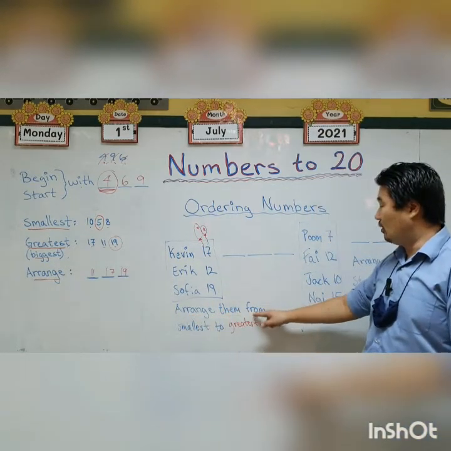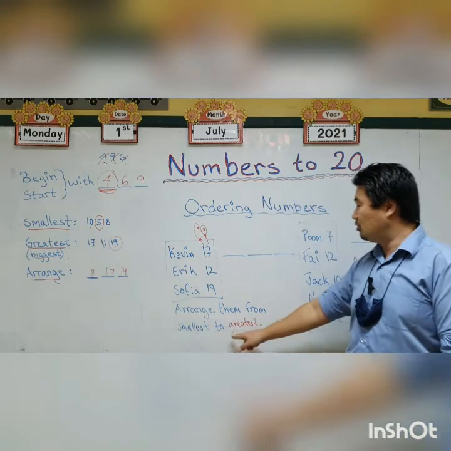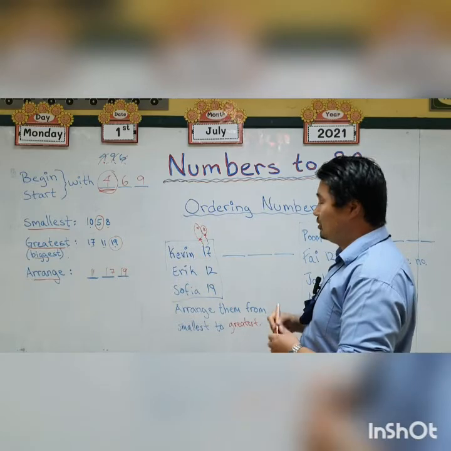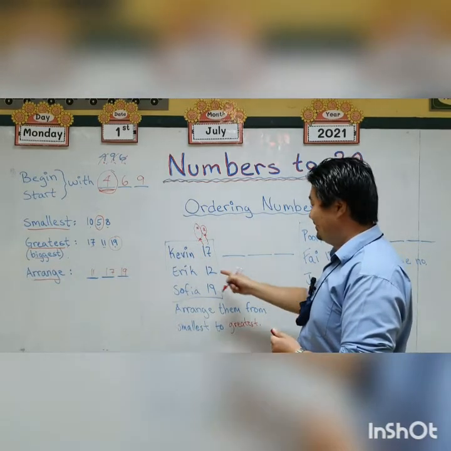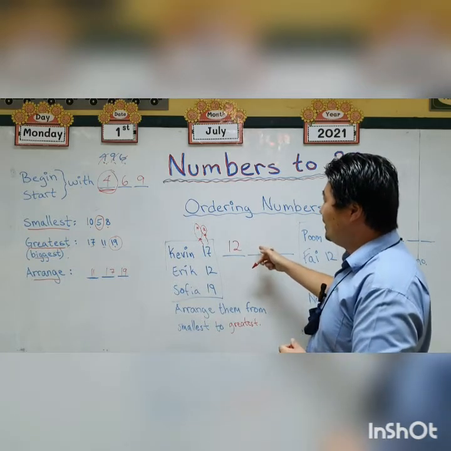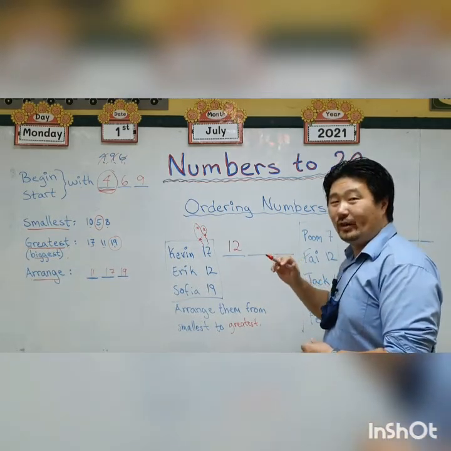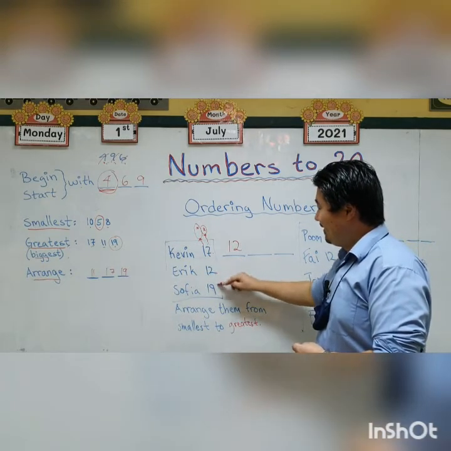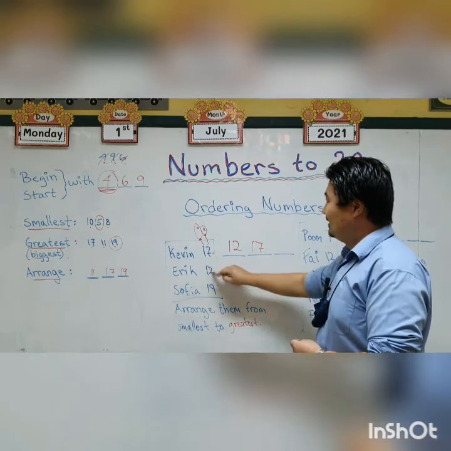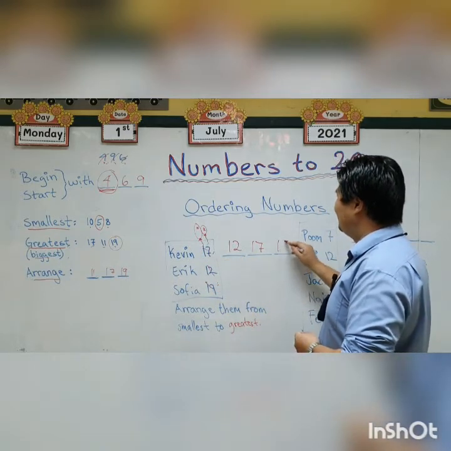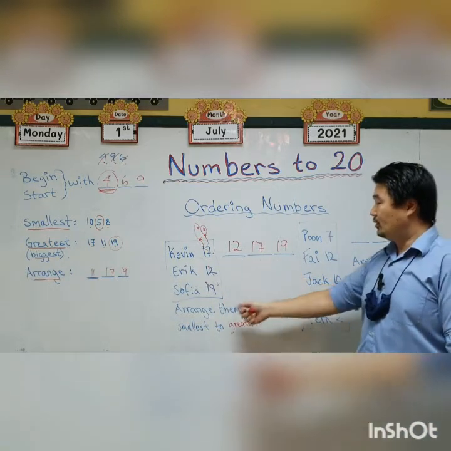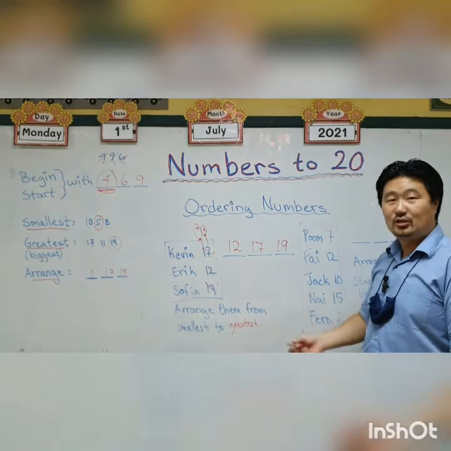Arrange them from smallest to greatest. So which number is the smallest? 12. Good. And then which number is a little bit more than 12? 17. Yes. And lastly, 19. So now we have arranged these numbers from the smallest to greatest.